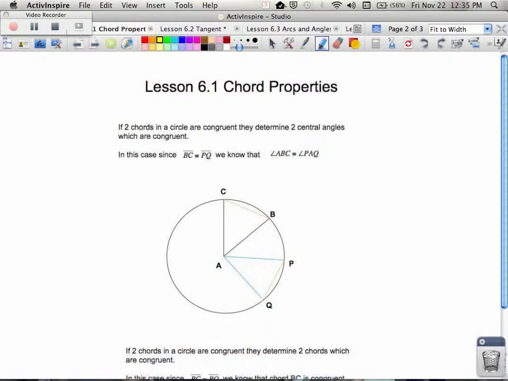If you know that you have two chords in a circle being congruent, that means that the central angles which they are connected with are also congruent.